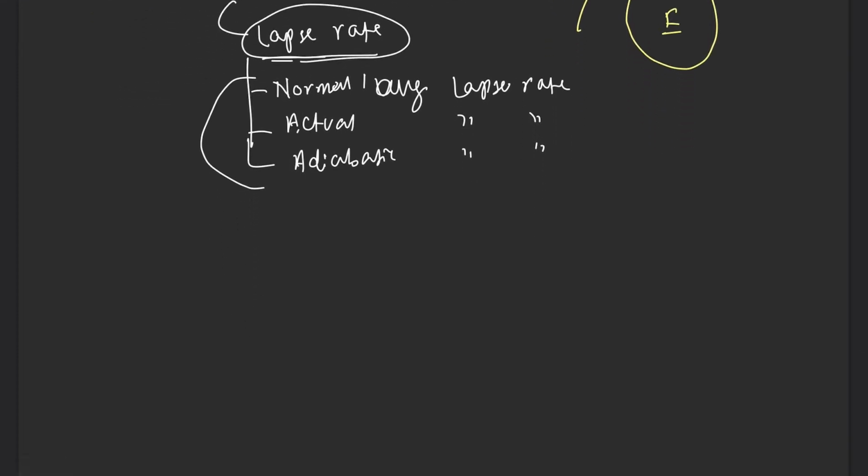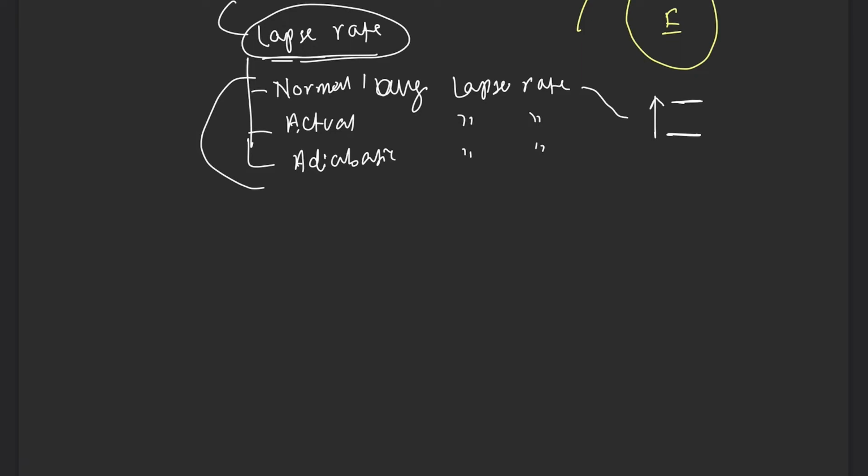What is the normal or average lapse rate? That is the rate of decrease of temperature as we move from one place to another upward. What is altitude? Altitude is the height from mean sea level.